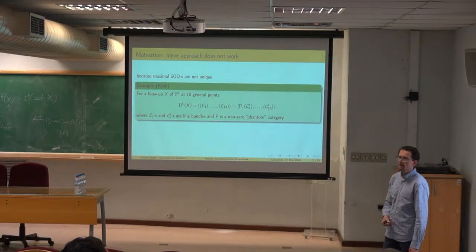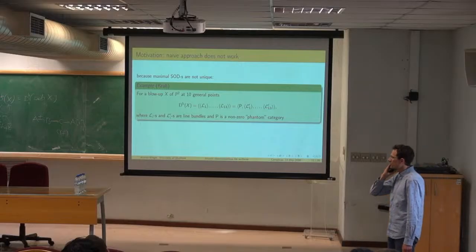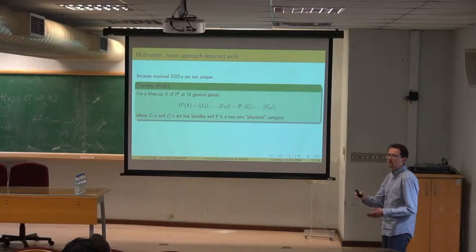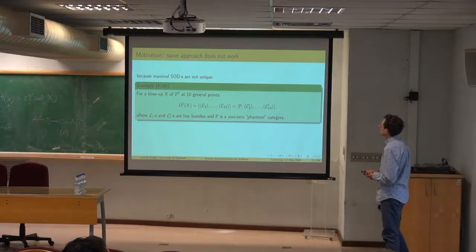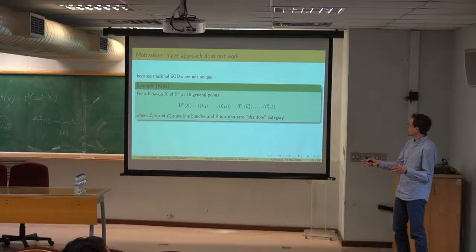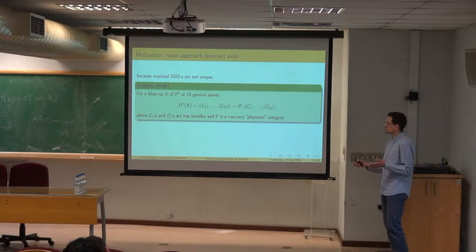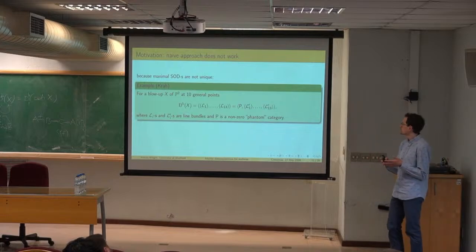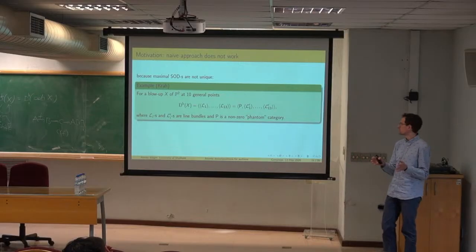A more recent and more striking example that I would like to show you, because it also happens on a surface, was found by Krah. Let us take a general blow-up of P^2 at 10 points. That's a rational surface. And you can construct 2 exceptional collections of line bundles on this surface, having the same maximal length, 13.